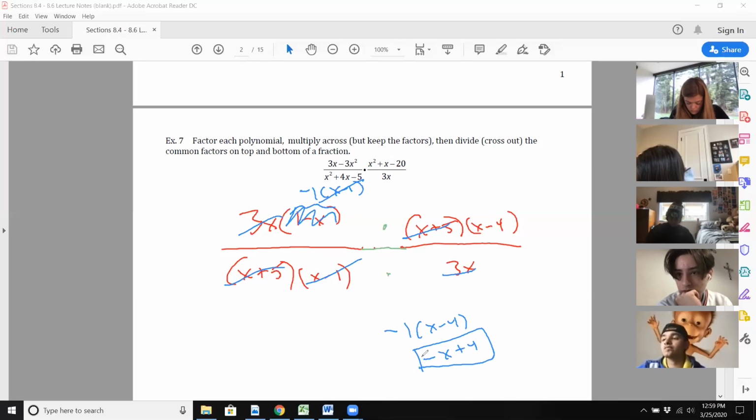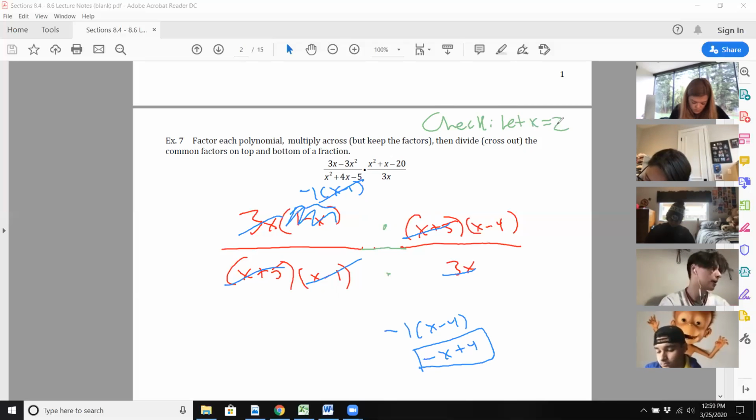So I did factoring, and I just crossed stuff off. Now, one way you could check your work is, let's say we let x equal a number, but we want to make sure we don't get anything undefined. So say we let x equal 2. Of course, you get 2 when you plug into -x plus 4.